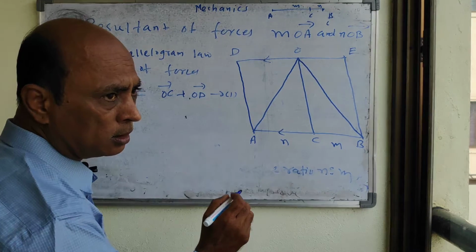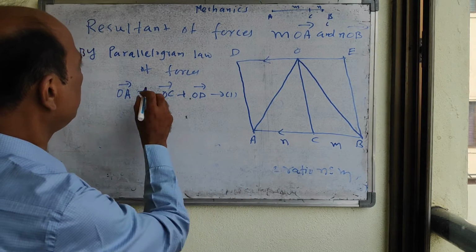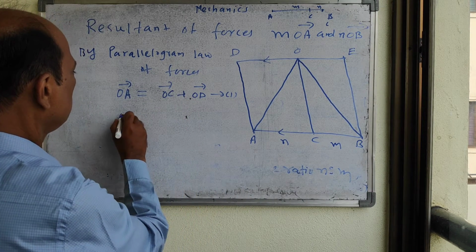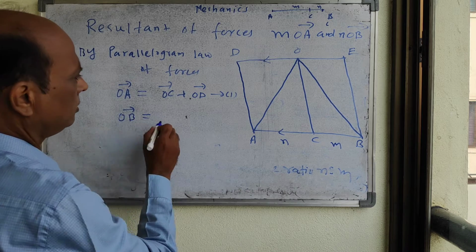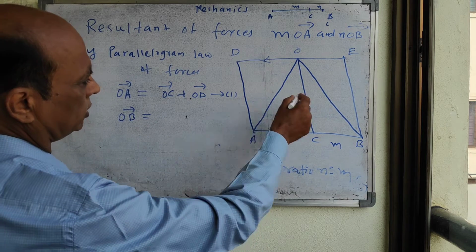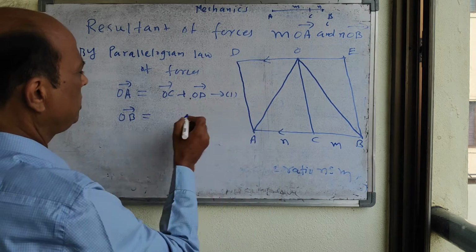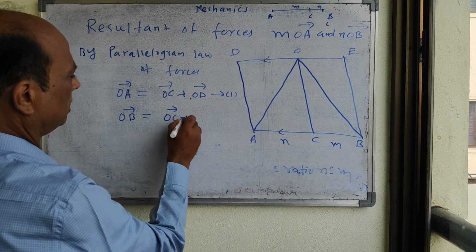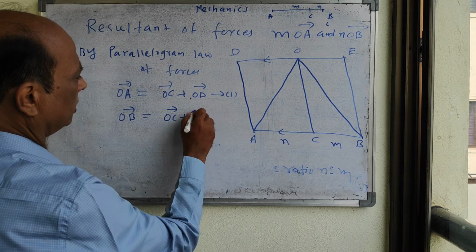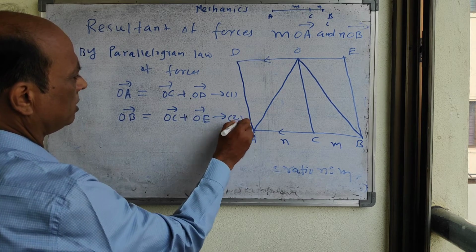Now, again by parallelogram law of forces, observe this figure, OB bar is equal to OC bar plus OE bar. So this is our equation number 2.